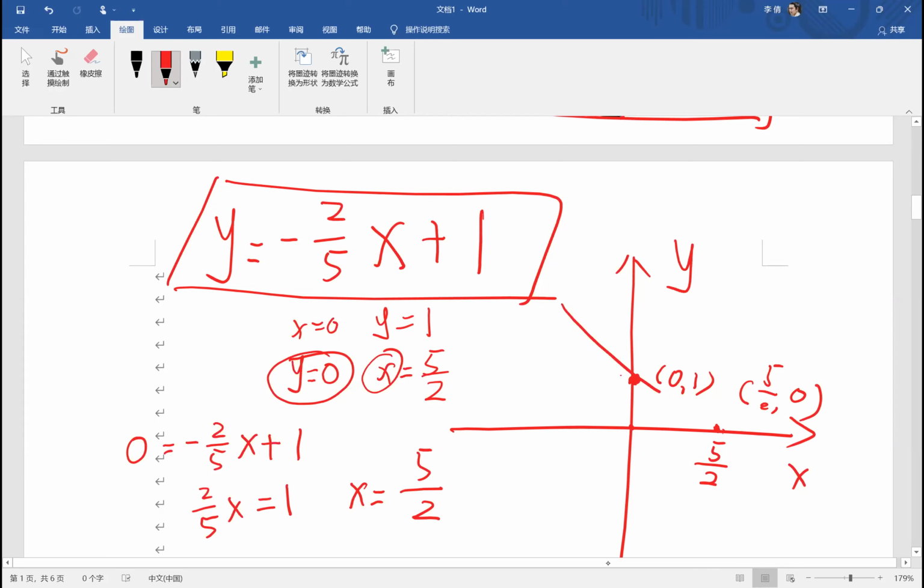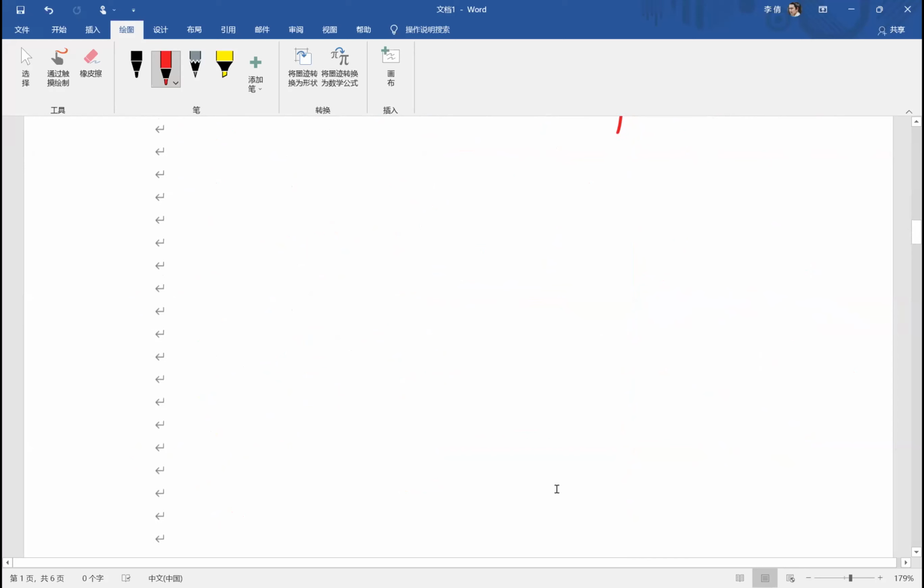So this line is the picture for this equation. You must know how to draw the picture of the line.